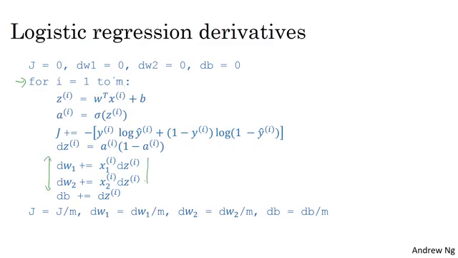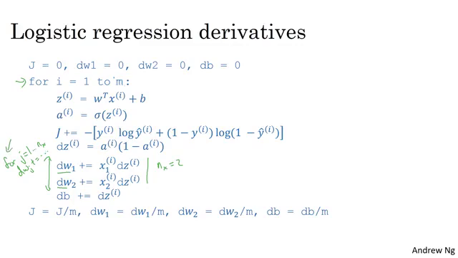In our example, we had nx equals 2, but if you had more features than just two, then you need to have a for loop over dw1, dw2, dw3, and so on. It's as if there's actually a for j equals 1 to nx, where dw_j gets updated. So we'd like to eliminate this second for loop. That's what we'll do on this slide.